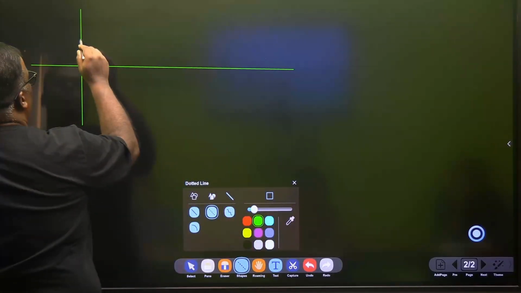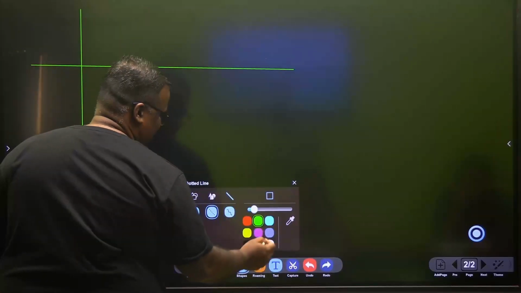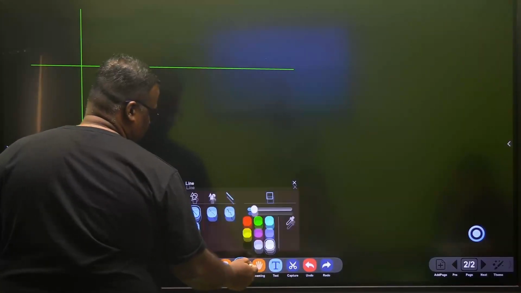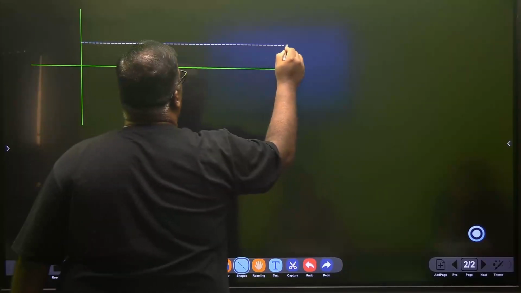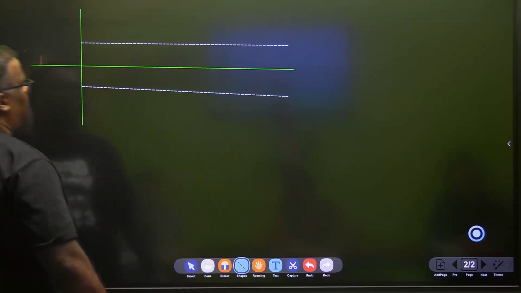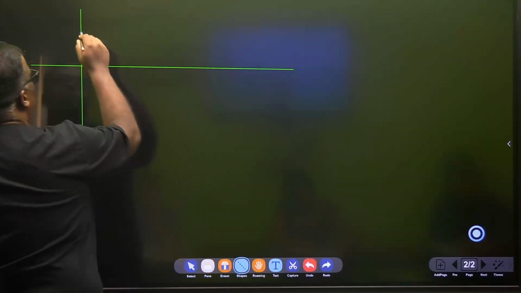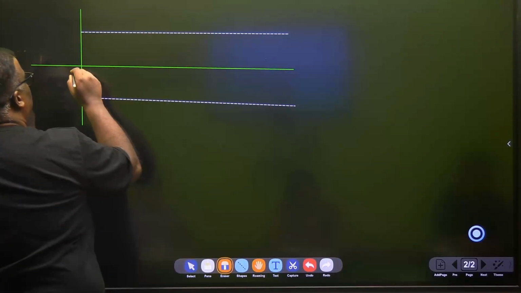So I'll take a current plot only. So this is say 0.